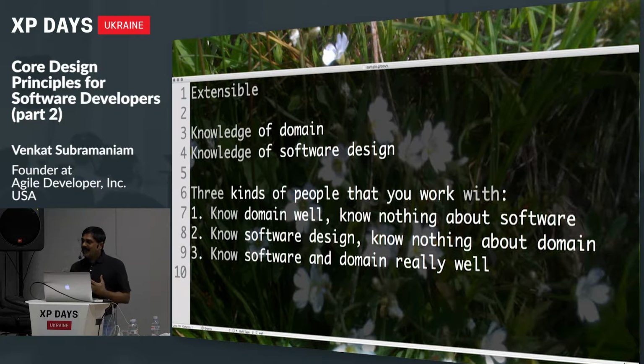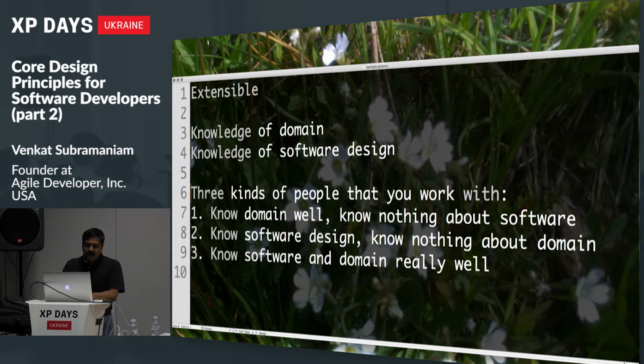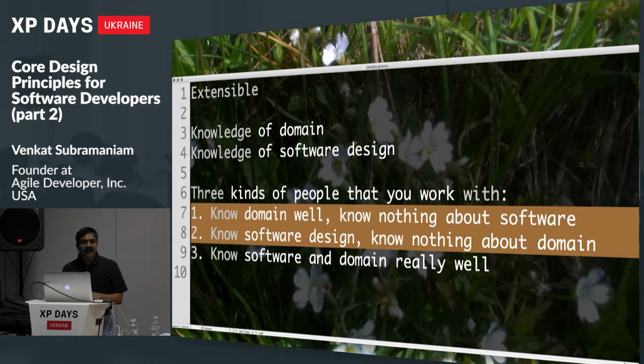Well, the point really is, these are the three groups we have in companies, right? But who do you think can really make these decisions well? I'm going to say it is the third category, because they understand software really well, they know the domain really well, they can balance things out. But the reality is, they are busy glowing in the dark. There's not that many people in the companies like this. So that really amounts to these two groups that we have to deal with.